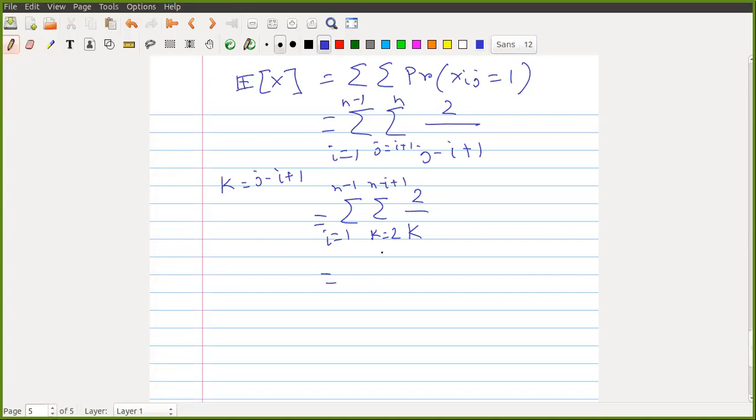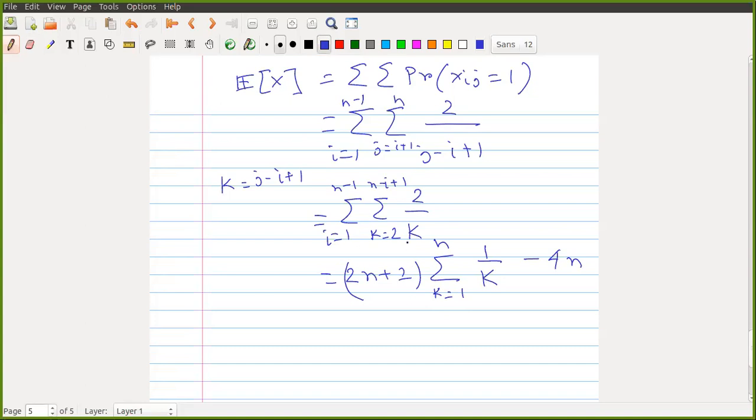And then if you switch this summation, it boils down to something like 2n plus 2 into the sum of 1 by k, k equals 1 to n, minus 4n.